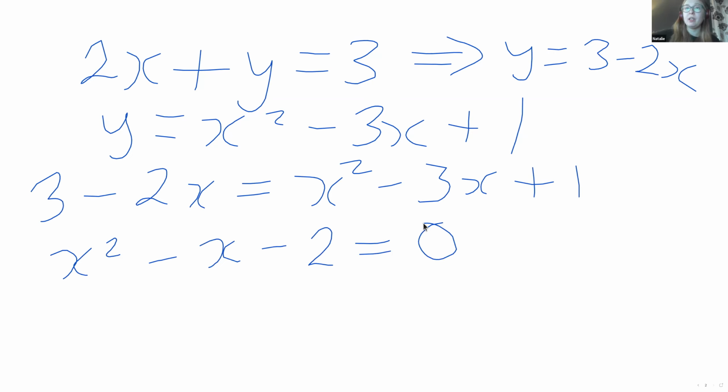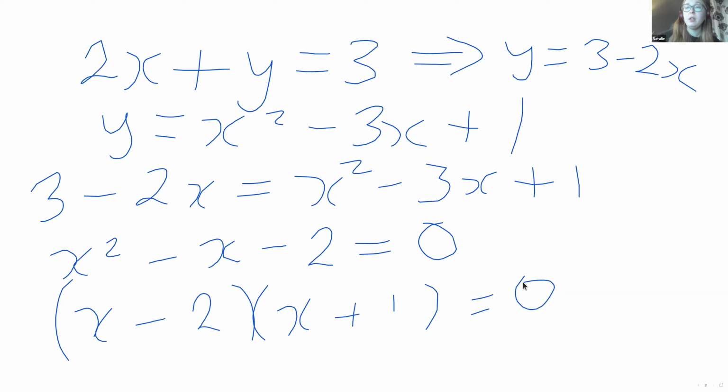I think I've rearranged that right. Plus 2x and minus 3. Yep. Does that factorize? Yep, it does, because we can have minus 2 and plus 1 equals 0, which means x would be equal to 2 and x would be equal to minus 1.